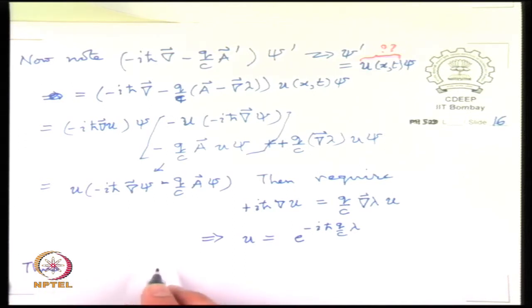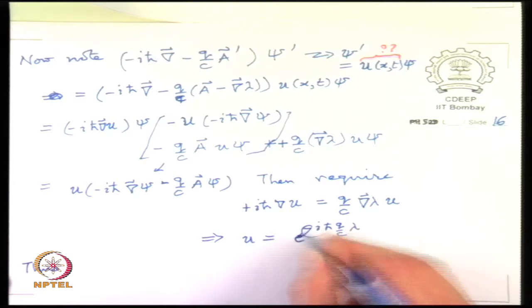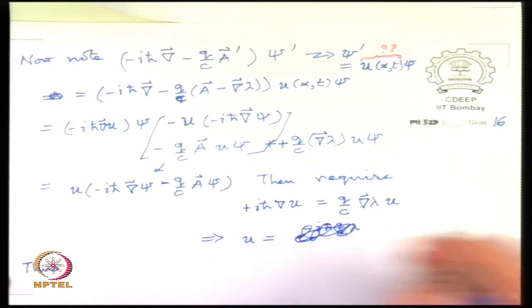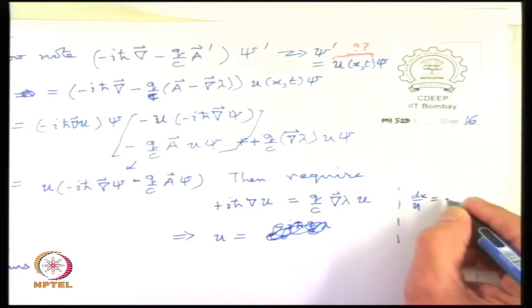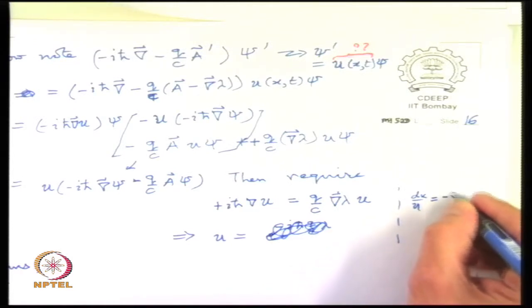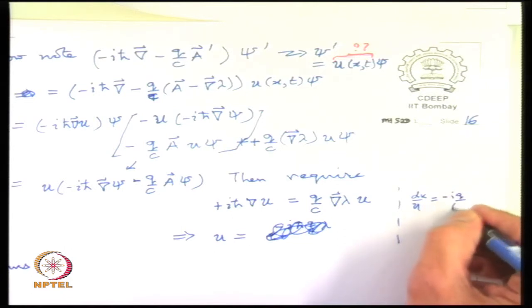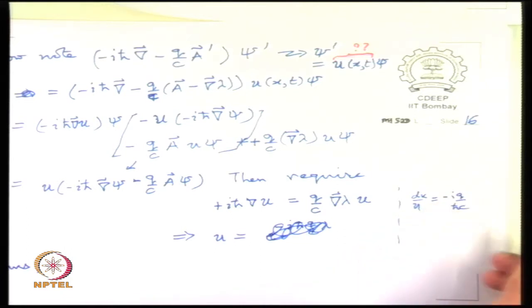Is it plus sign or minus sign? No, so we made a mistake. So we need to do a little board work. So du over u, very roughly speaking, equal to minus i q over h cross c times d lambda.